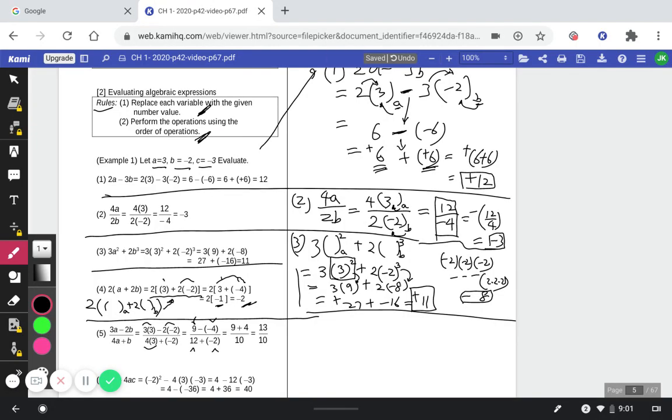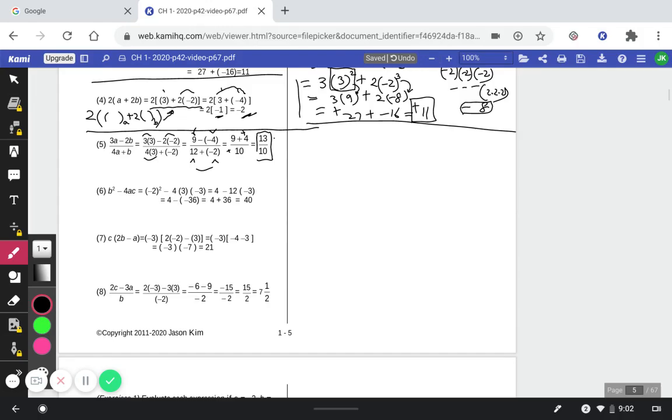And you do addition and subtraction of signed numbers. 9 minus negative 4 is the same as 9 plus positive 4 and becomes 13. 12 plus negative 2, you are adding different signs, so you subtract and follow the bigger number's sign, which is positive. So positive 10. So you end up with 13 over 10. Does this make sense? Good.